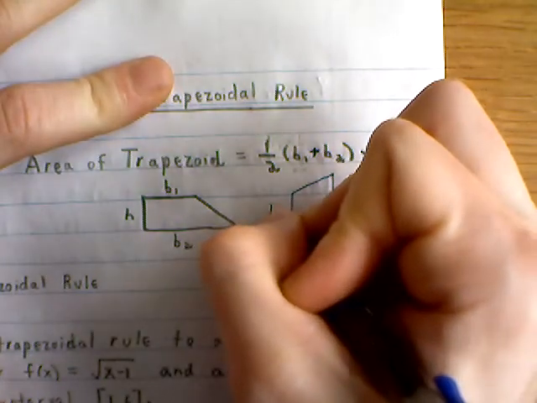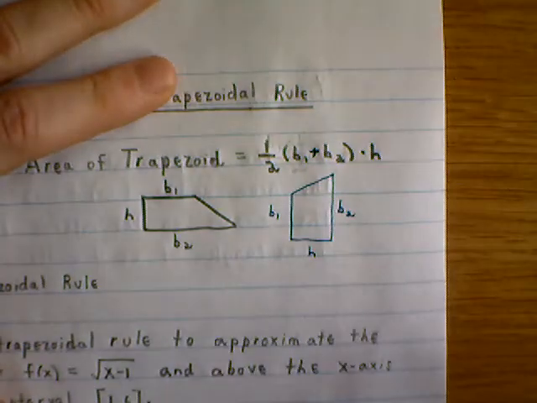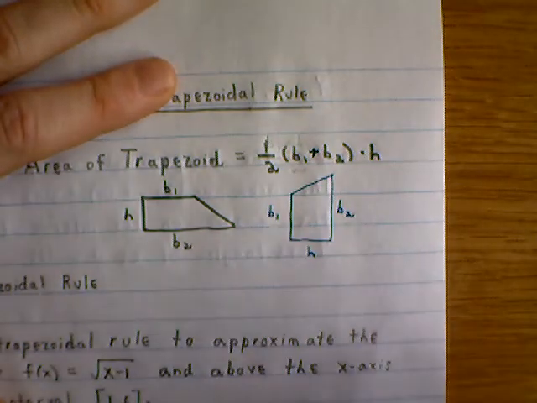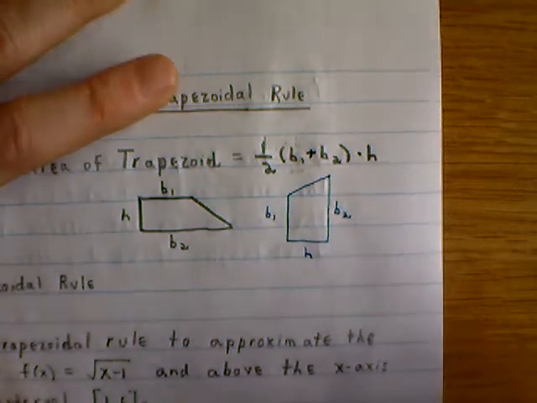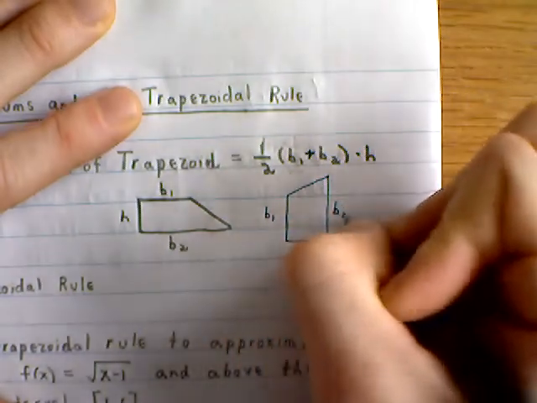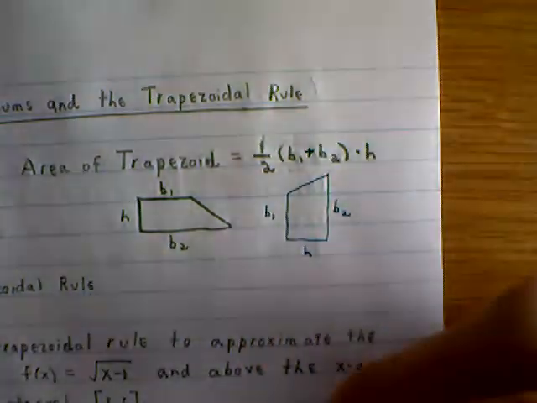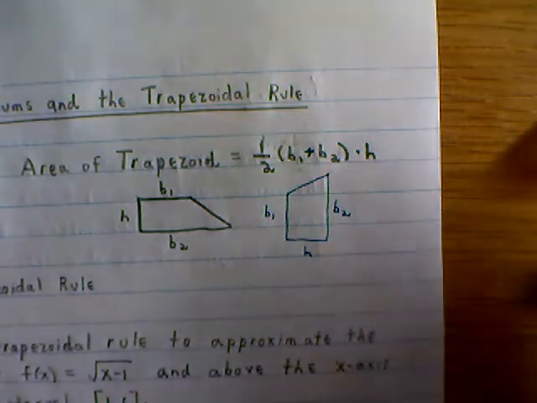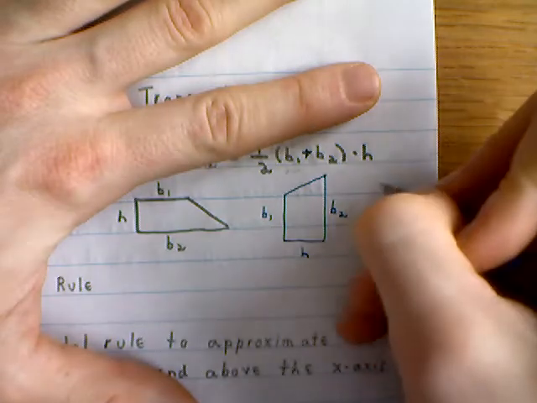And then I'm going to have base 1 and base 2. So you'd still use the same formula, just the height is going to be sideways this time, because the bases are always the two sides that are parallel. Okay, so you're going to have to recognize that bases are parallel. When you see that on the graph in a second, you have to recognize the same thing. But now, let's take it one more step.